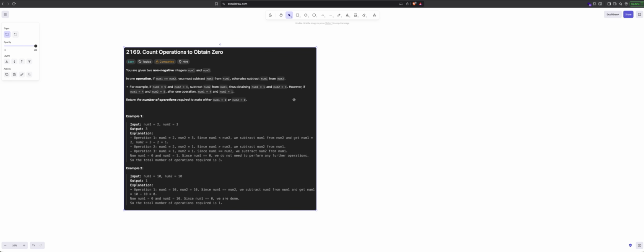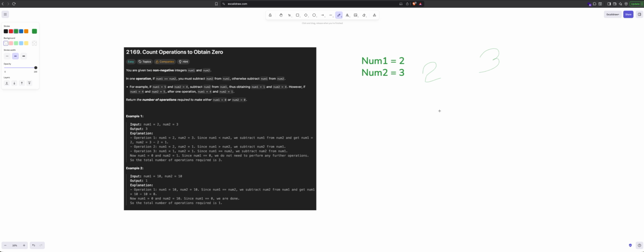So let's deep dive into one of the examples. In example 1, we are given two parameters: num1 is 2 and num2 is 3. According to these given integers, let's say we have a 2 here and 3 here. What do we want to do?